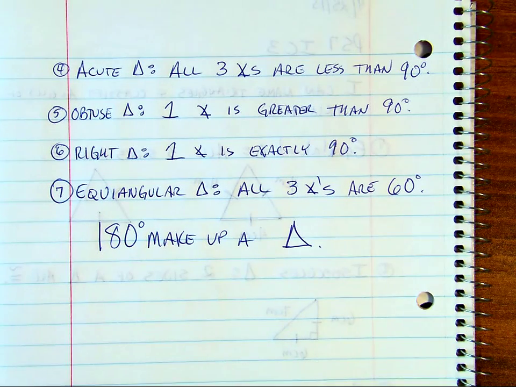And it does not matter if it's an obtuse, equilateral, equangular, isosceles, right, acute, scalene. Doesn't matter what kind of triangle you are given. Every single triangle is made up of 180 degrees. Okay?